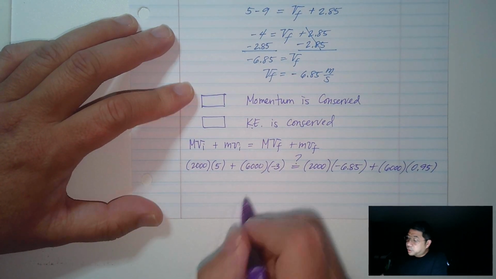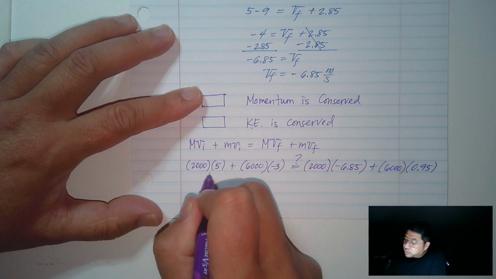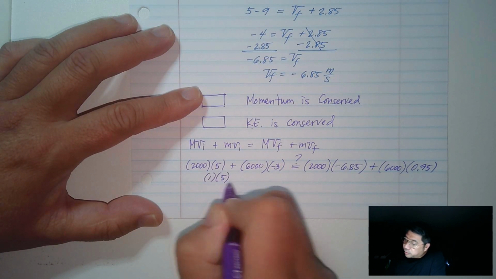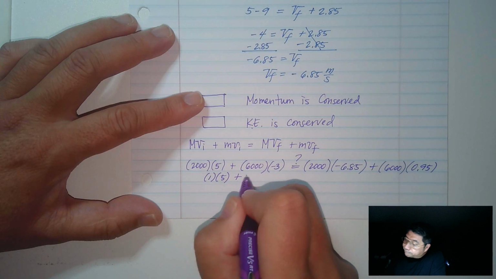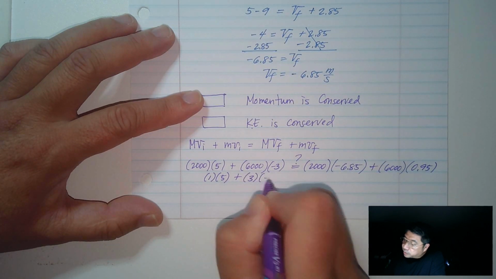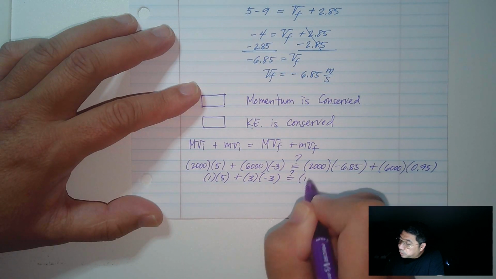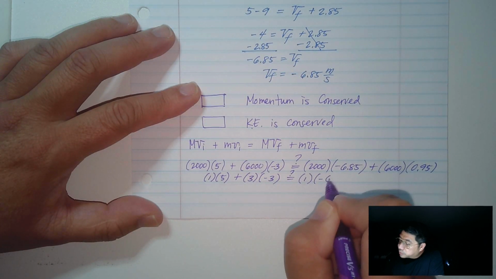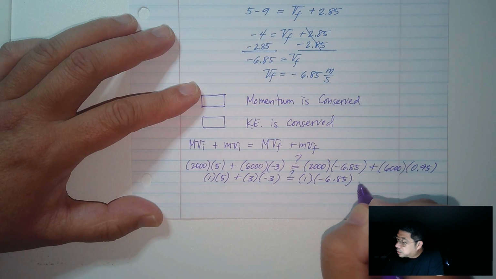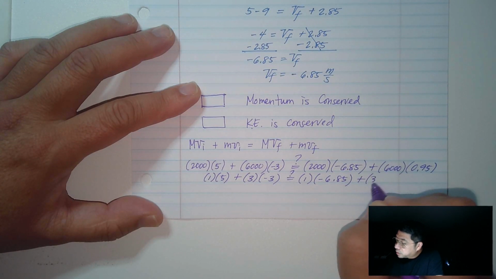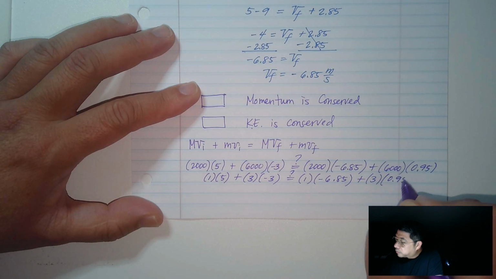Divide all of them by 2000. So this will give us 1 times 5 plus 3 times negative 3. Is it equal to 1 times negative 6.85 plus 3 times 0.95?